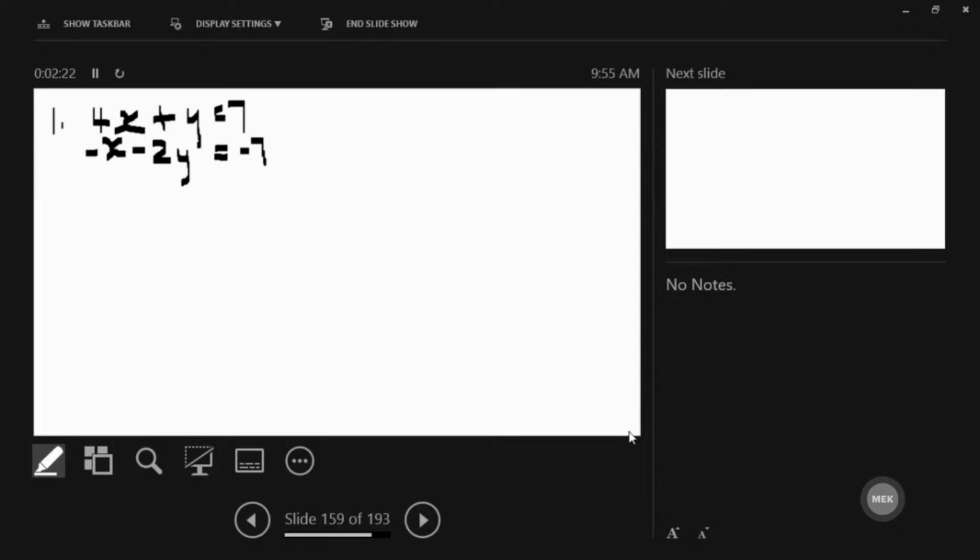We could also solve simultaneous equations using matrices. We could solve simultaneous equations by using the graphical method, which is to show where the two graphs intersect each other and get our solutions there. So there are a number of ways.